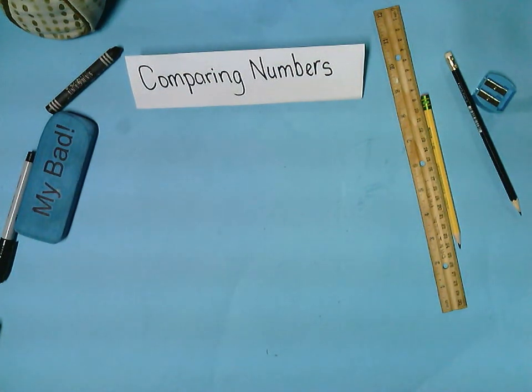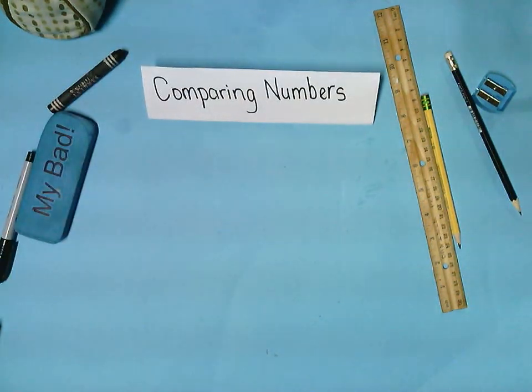And we're going to start off with a poem. And this poem is about Al the hungry alligator. Al the alligator is always hungry, and numbers are his food. He always eats the biggest number, no matter what his mood.